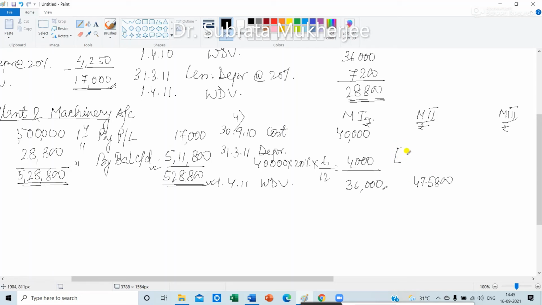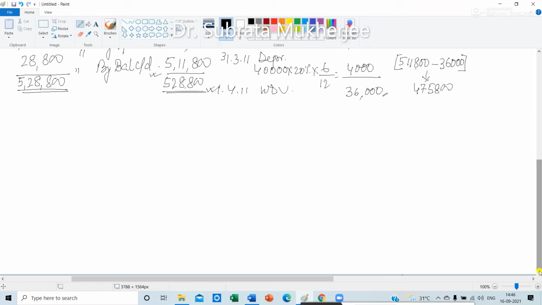How did I arrive at this figure? 5,11,800 is the balance of plant and machinery on 1st April 2011 minus 36,000, so 5,11,800 minus 36,000 is 4,75,800. Now the first machinery, which was purchased on 30th September 2010, was scrapped on 31st December 2011.